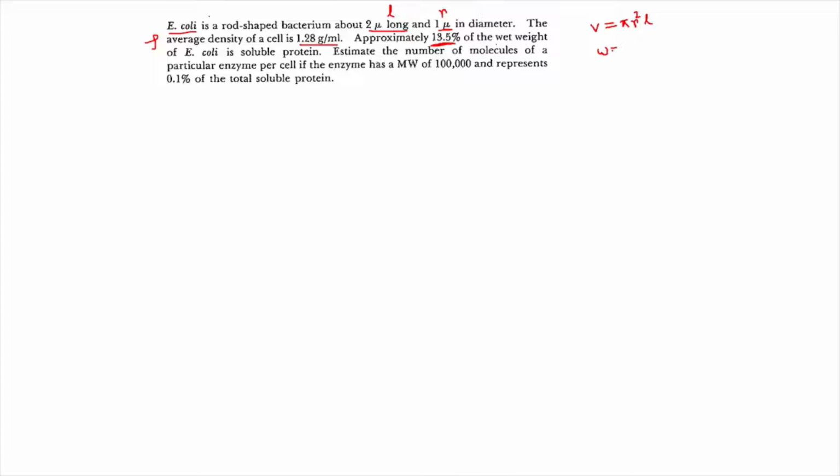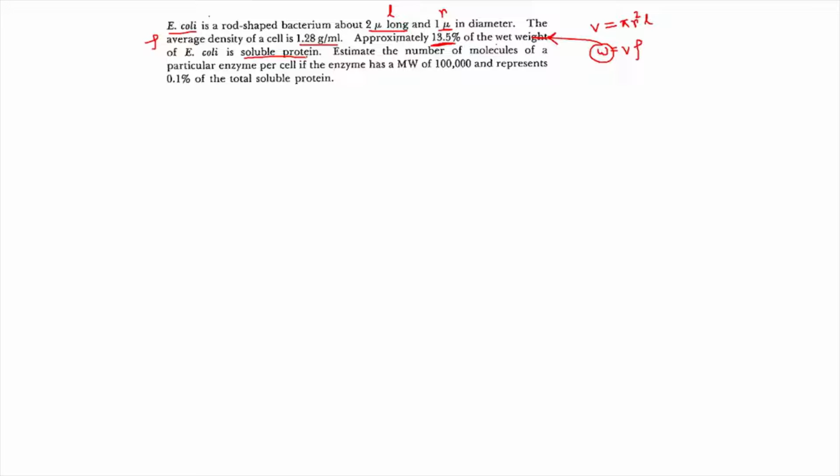It will be volume multiplied by the density rho. So you can calculate volume and from there you can calculate the total weight W, and then you take 13.5% of this total weight, you will get the weight of the soluble protein in E. coli. Alright, so out of the total weight of E. coli cell, 13.5% of that is the weight of the soluble protein present in E. coli.